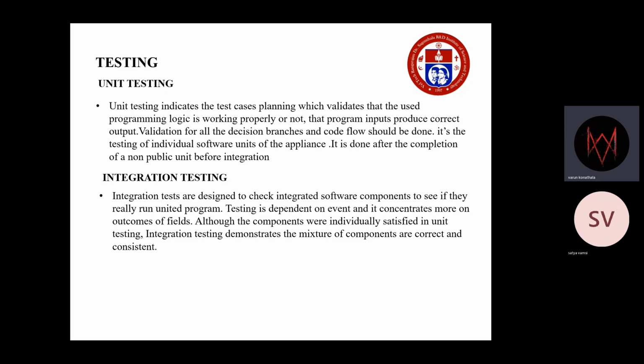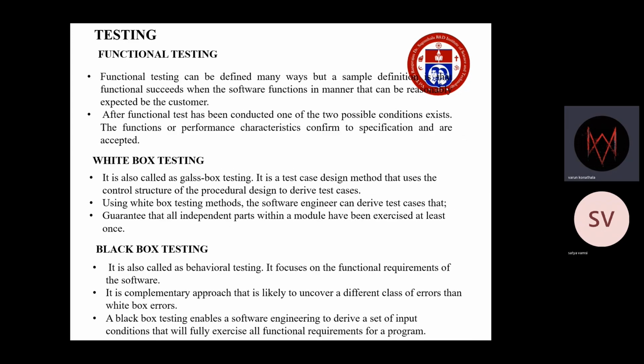Integration testing is designed to check whether the software components that we are using are performing properly or not. Functional testing can be defined in many ways, but a simple definition is that functional testing succeeds when the software functions in a manner that can reasonably be expected by the customer.